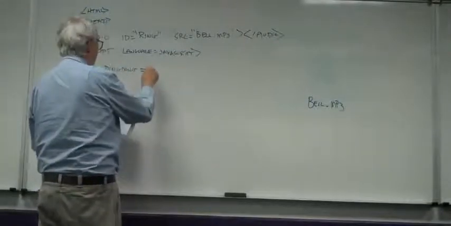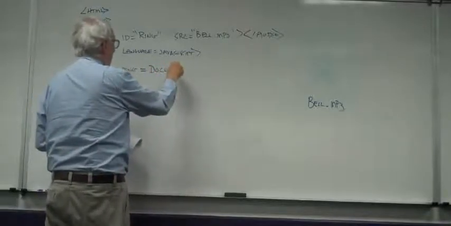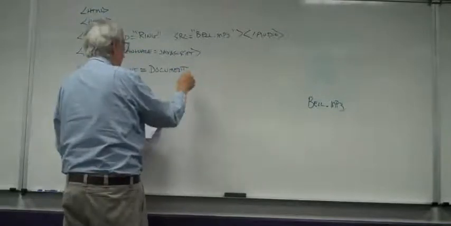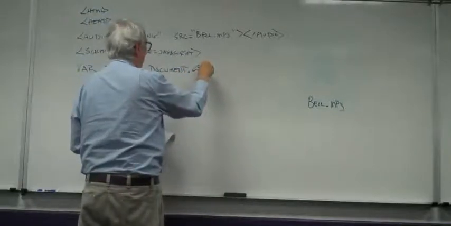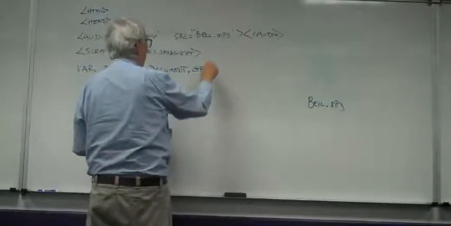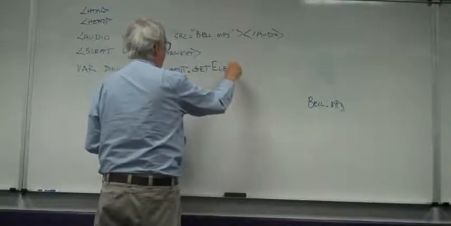It looks like this. It says document, dot, period right there, get, then it says element, no spaces in any of this.